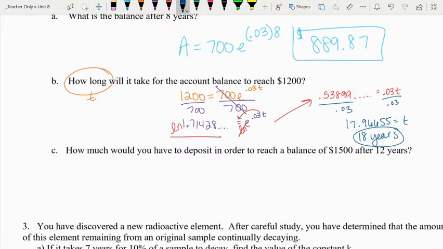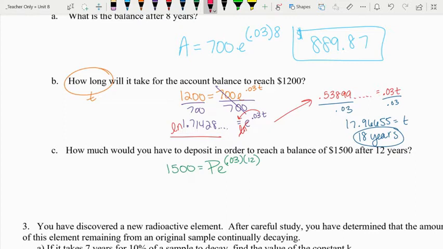And then it says, how much money would you have to deposit in order to reach a balance of 1,500 after 12 years? That means I'm ending with 1,500, and I don't know what my initial amount is, which is P, times e to the 12. Actually, we have our rate first, so 0.03 times 12. This time it's a little different. I almost have P by itself. The only thing that's happening is it's being multiplied by e to the 0.03 times 12.